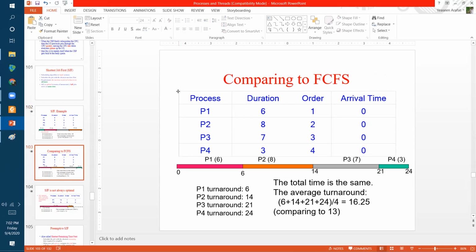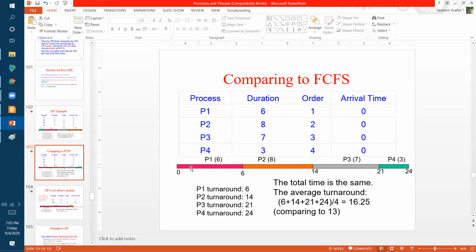Let's draw the Gantt chart for first come first serve. Here, as the arrival time of all processes is the same, we have the order P1, P2, P3, P4. The duration time of the task of each process is given.